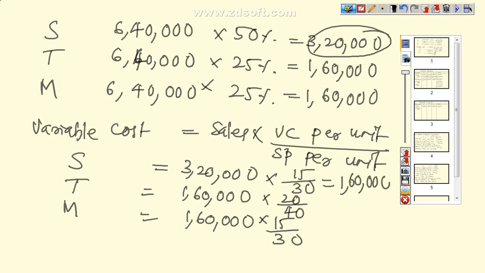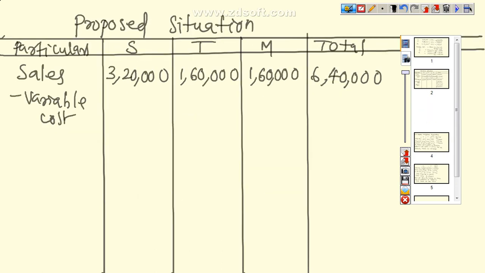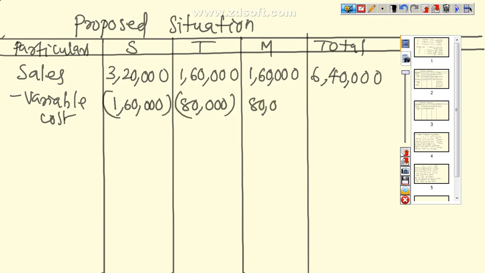That is equal to 1,60,000, 80,000, 80,000. So we put these values in the main table. Here we write 1,60,000. Here it is 80,000. Here also 80,000. Total is equal to 3,20,000.